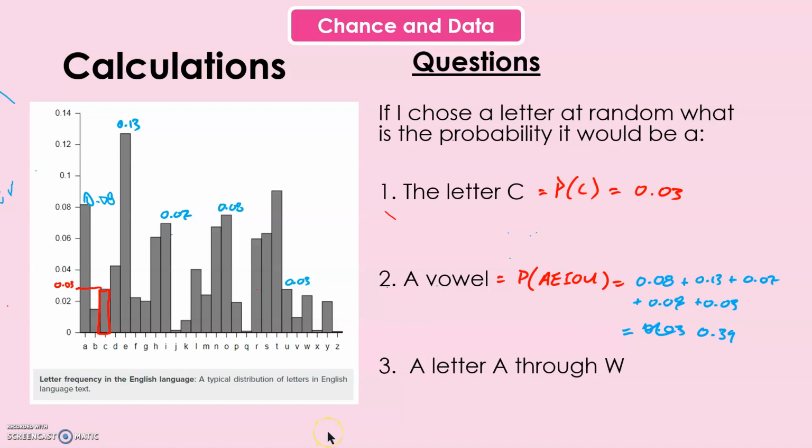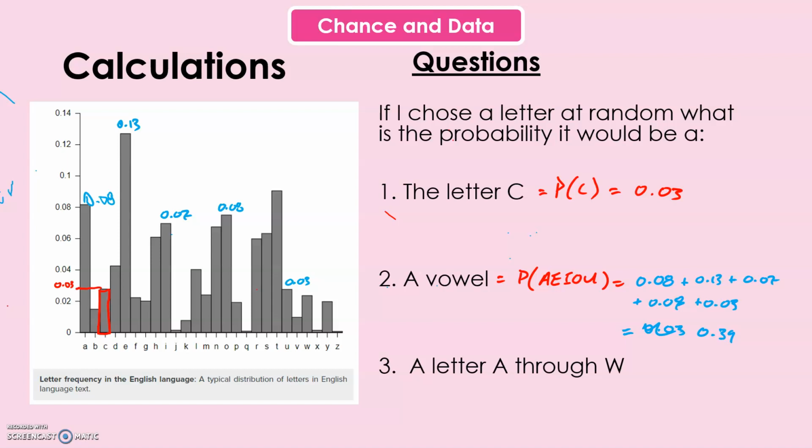The last question we've got is the probability that if you selected one at random, it would be a letter A through to W. So we could go through and find all the probabilities of each one of those letters, A through to W, and add them together.